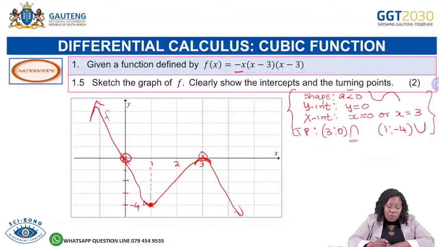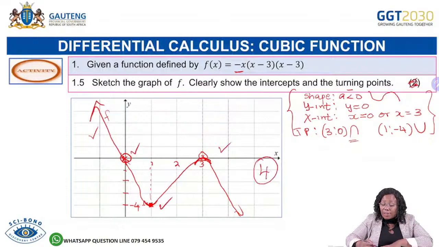The mark allocation is for the shape, for the intercepts, and for the stationary point of that particular graph. There's no way it can be 2 marks, grade 12. There will be a mark for the shape, a mark for both x-intercepts, a mark for the y-intercept, and a mark for the turning point. So this graph is worth 4 marks.